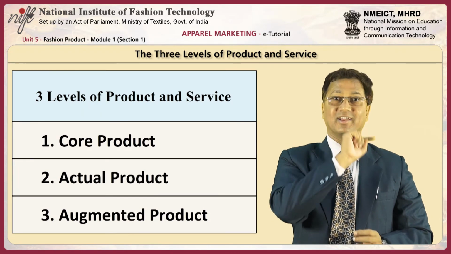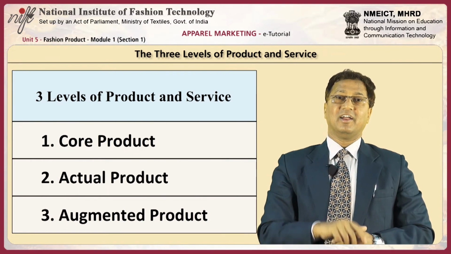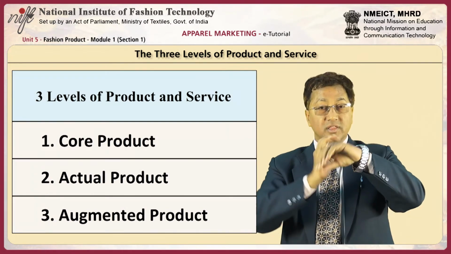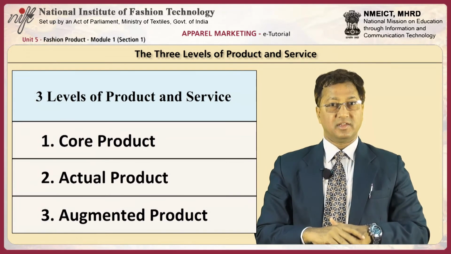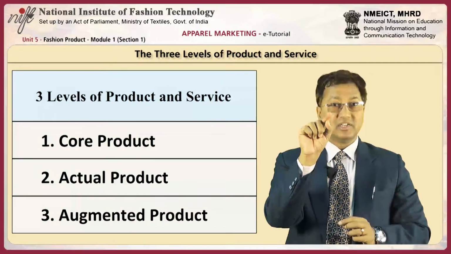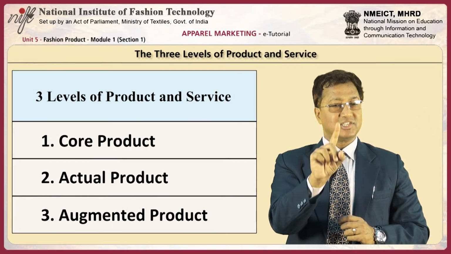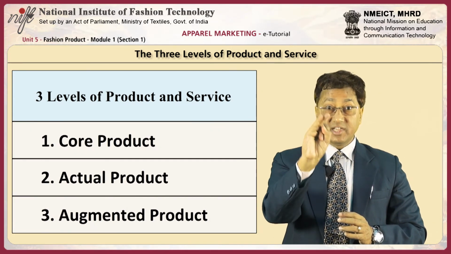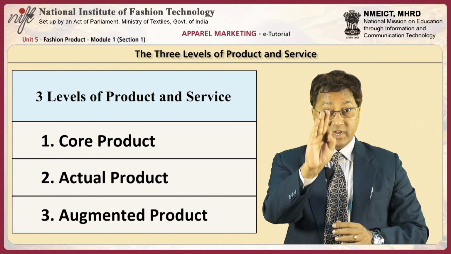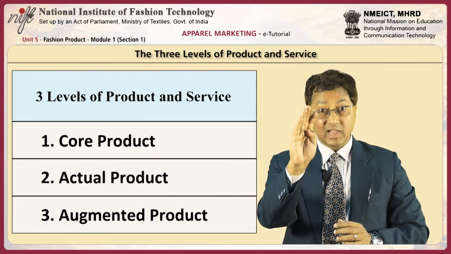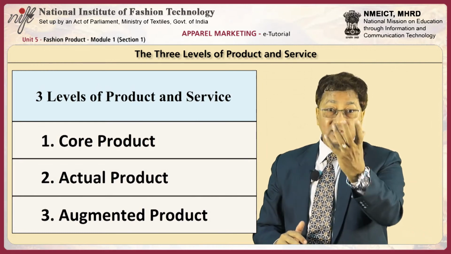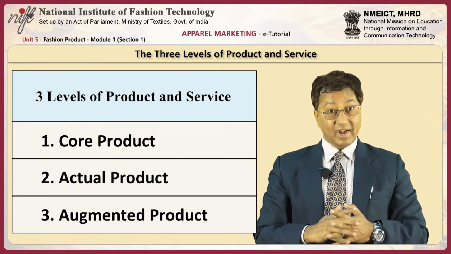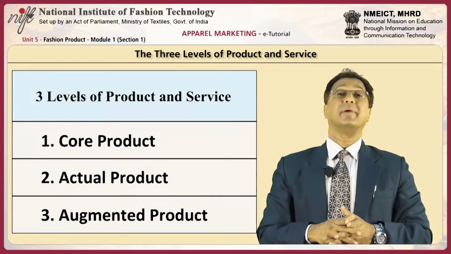It is the actual product which is built around the core product, which normally consists of composition, materials, quality, design, styles, the features, the brand name and packaging.